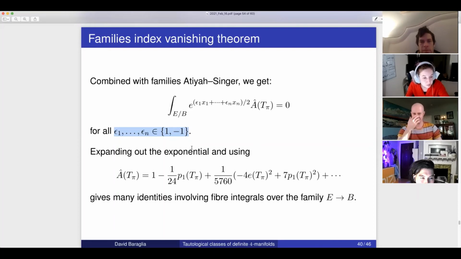And of course you expand out A hat, using the usual formula for A hat. You expand all of that out, and you get a whole bunch of identities involving fiber integrals of this family.